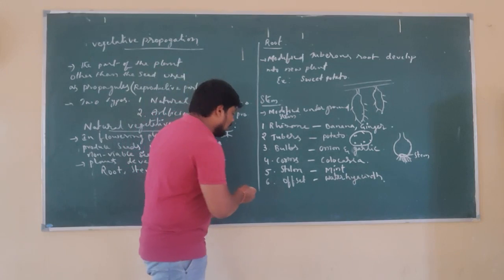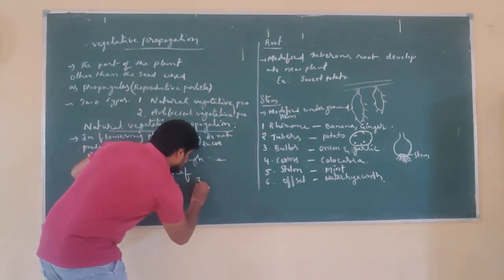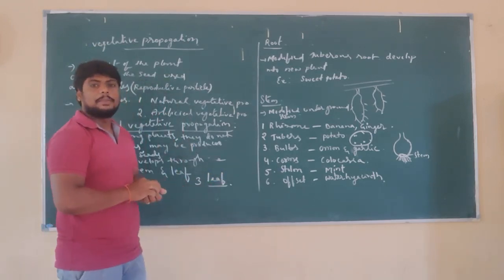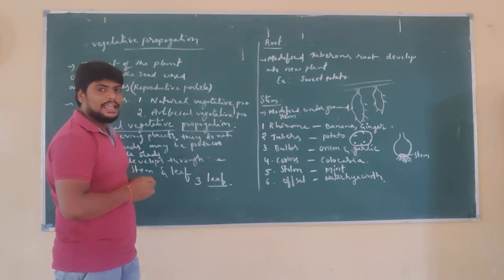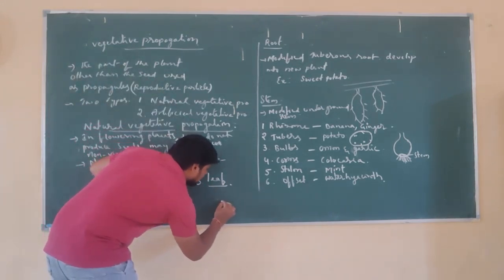And another method of reproduction is through the leaf. The leaves develop adventitious buds on the surface, for example in bryophyllum.